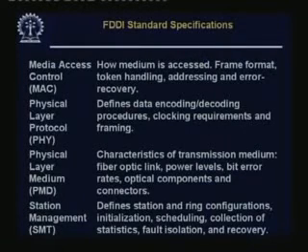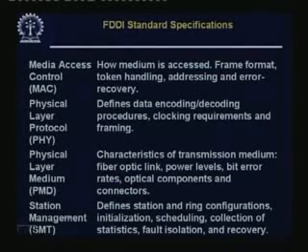The physical layer protocol defines the data encoding and decoding, how data is encoded and decoded, we will see this later, clocking requirements and framing. The physical layer medium covers characteristics of the transmission medium, fiber optic link, power levels, bit error rates, optical components, connectors, etc. So, that is also a part of the standard for the physical layer medium.